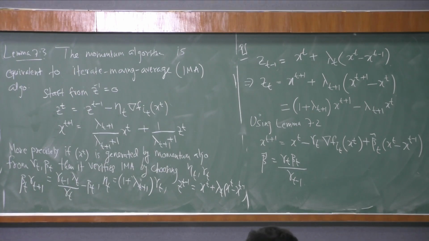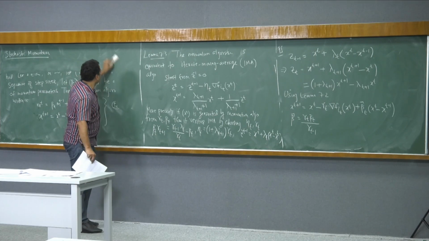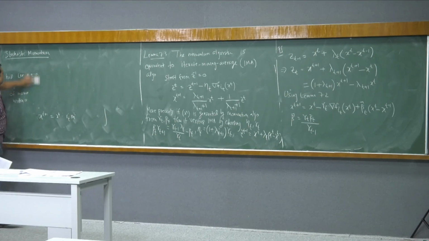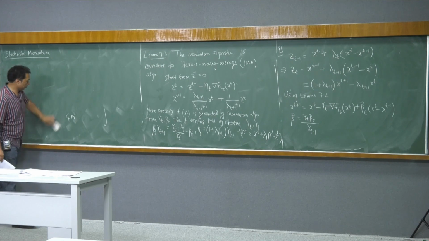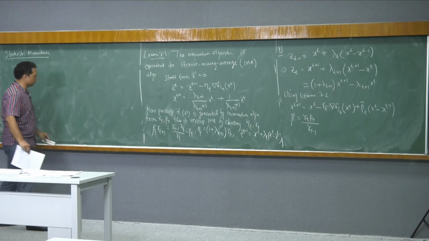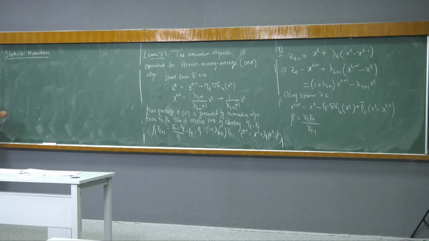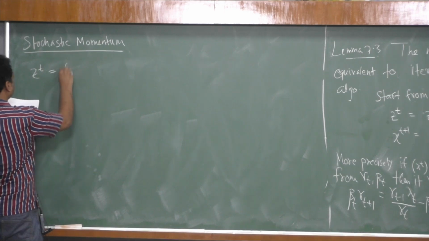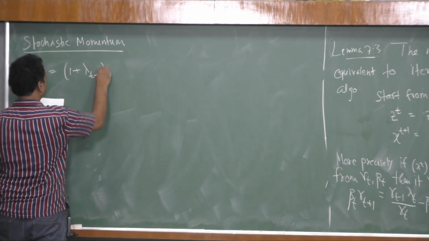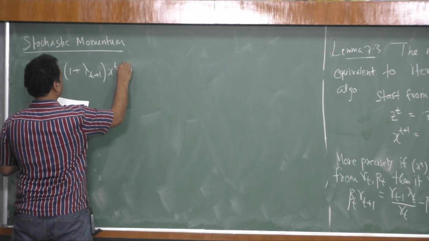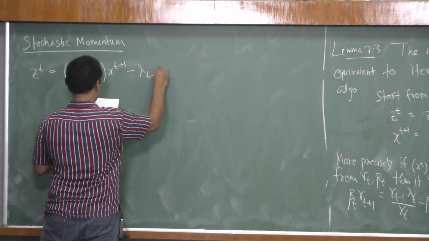Okay, so let us do it here. So if we substitute that in z, then xt plus 1 becomes, I mean, we are starting with the zt. So zt is 1 plus lambda t plus 1 times xt plus 1 minus lambda t plus 1 times xt.